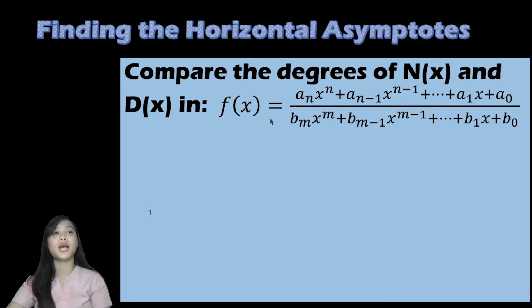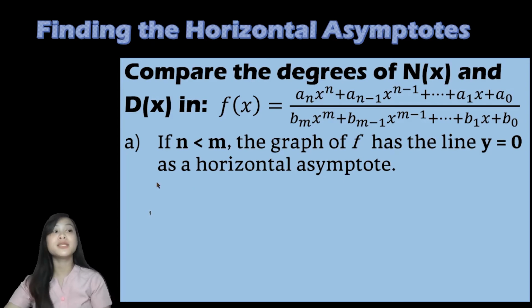Then we have our denominator, which denotes the constants of the polynomial as b: b sub m, x raised to m, where m is the highest order of your polynomial in the denominator.